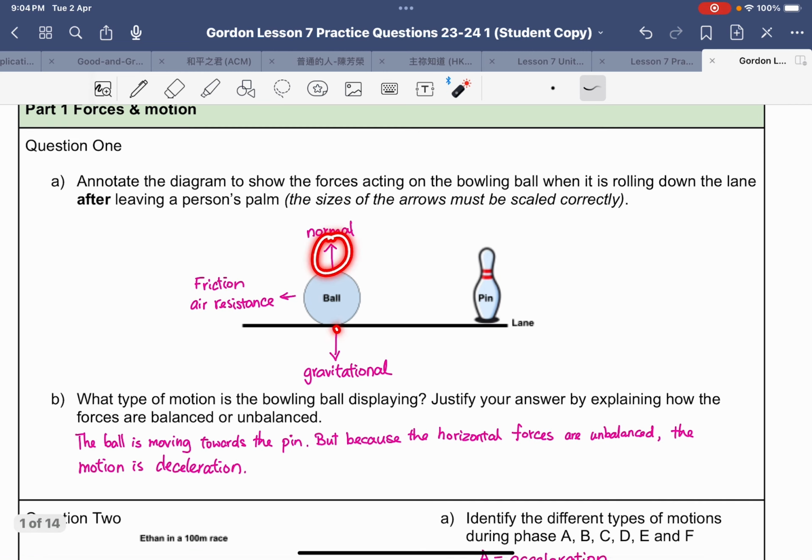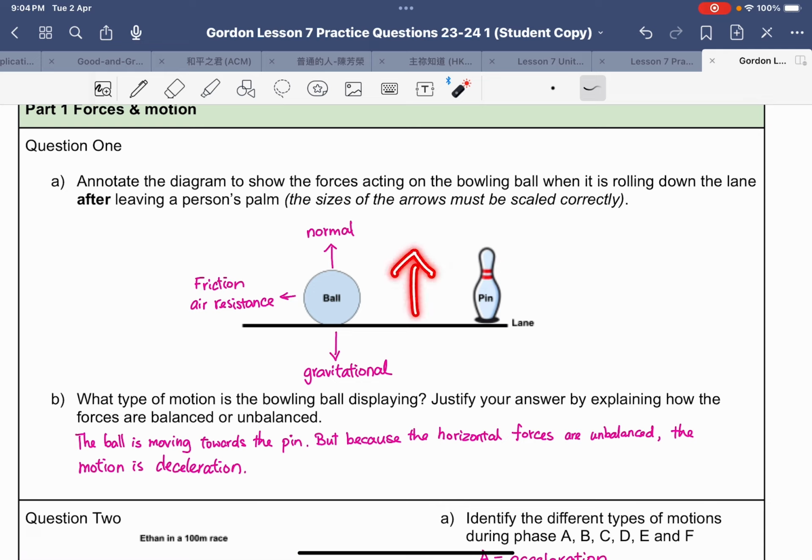Now, let's look at the vertical forces. There are two vertical forces, normal and gravitational. I'm going to trust that you guys know what the definitions are by now. But you have to draw these two arrows in exactly the same size. Because if the gravitational arrow is much larger than the normal one, the ball will actually punch through the ground and go into the center of the earth.